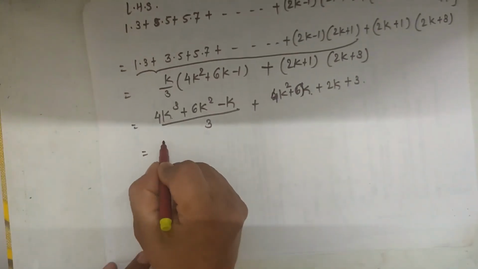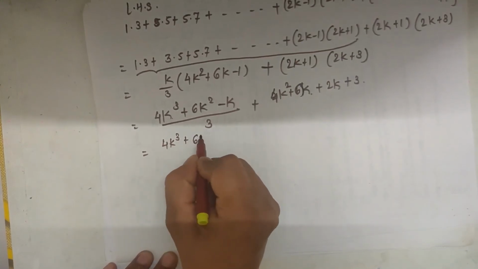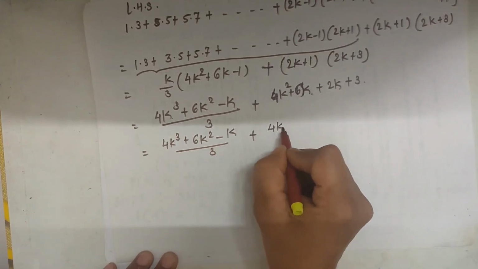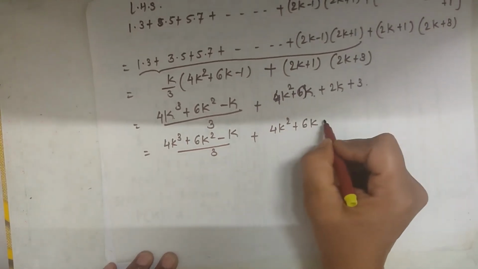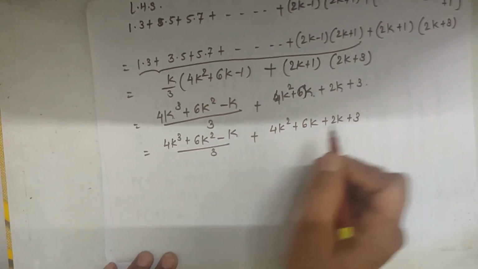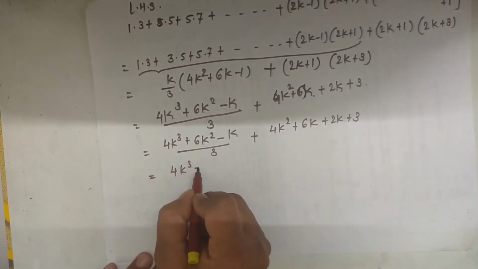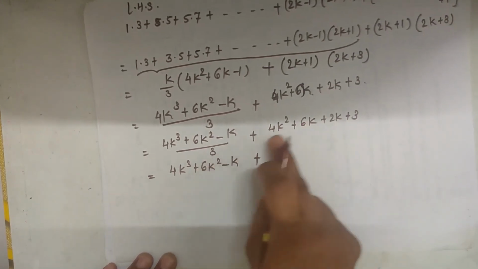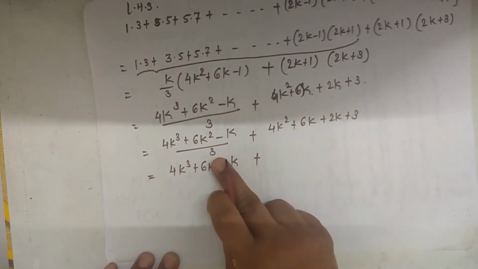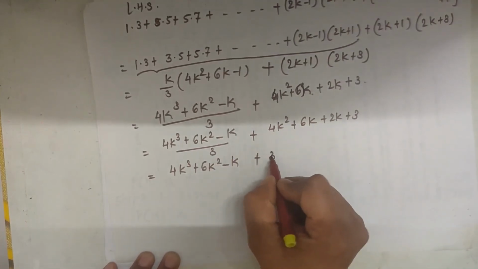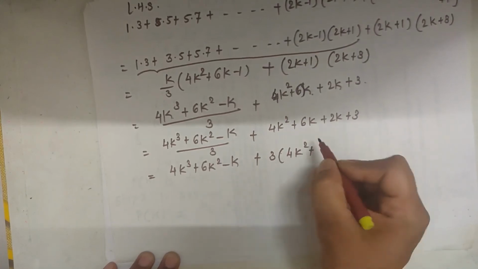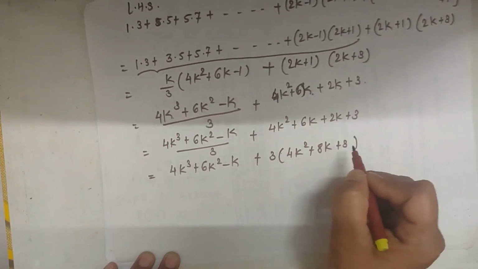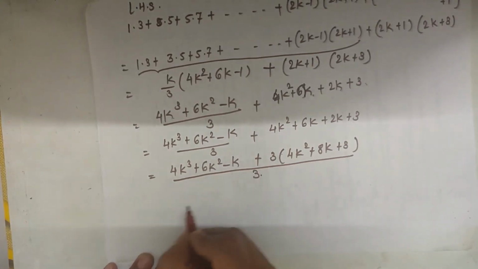Again 4k cube plus 6k square minus k by 3, plus 4k square plus 6k plus 2k plus 3. Now 4k cube plus 6k square minus k, plus cross multiplying these two terms, 3 into 4k square plus 6k plus 2k, that is 8k plus 3, divided by common denominator 3.